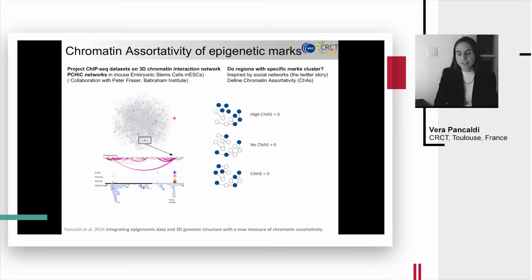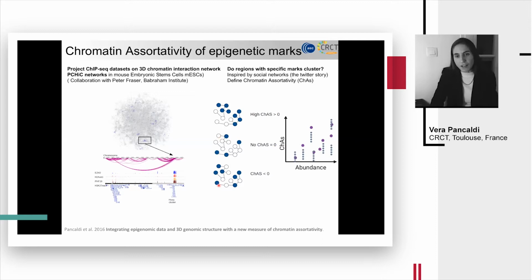So once you do that, it just occurs to me that we can do something very simple, which is estimating whether these features are assortative on the network. And this basically just means whether they form clusters. So assortativity is a network property that is often used in social sciences, but applied to chromatin, it's just asking whether the regions that have a specific feature tend to interact with each other and away from the rest or not. In this case, the blue nodes interact either with blue nodes or with white nodes with an equal probability.